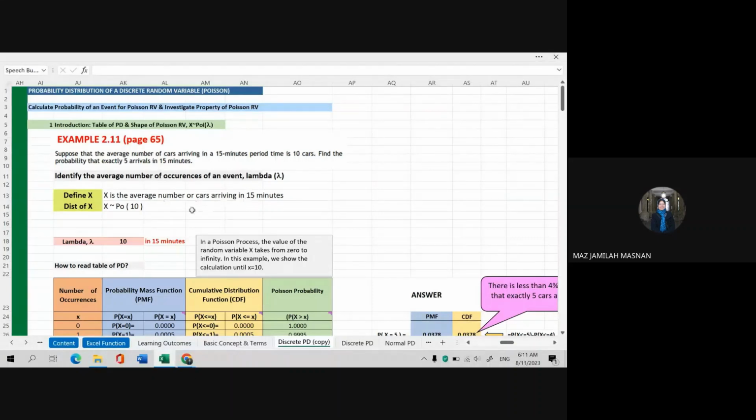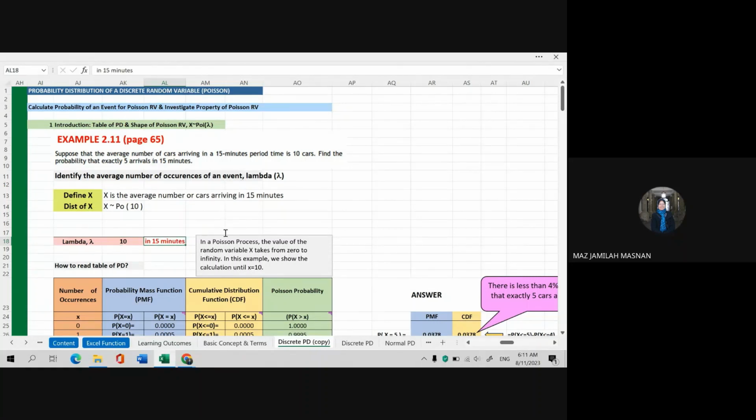Now, what will be the distribution of your X following the Poisson? So we can write down X following Poisson with the lambda value of 10. We know that this 10 is given in 15 minutes. So you can put your information as lambda equal to 10, and the dimension is within 15 minutes.